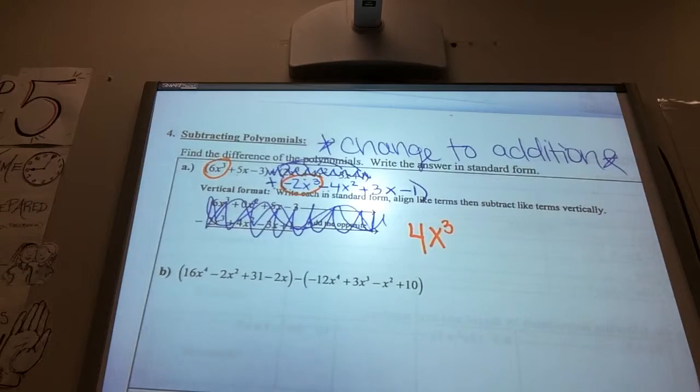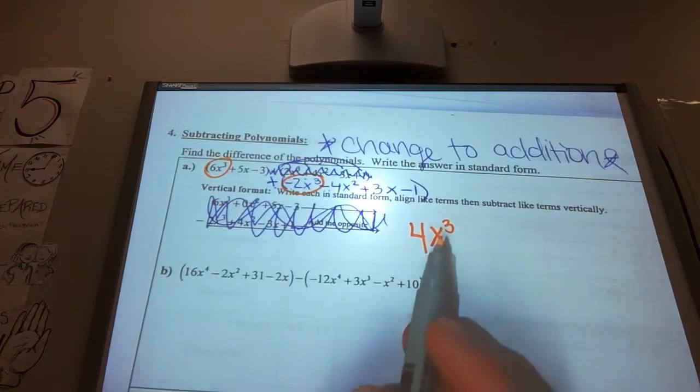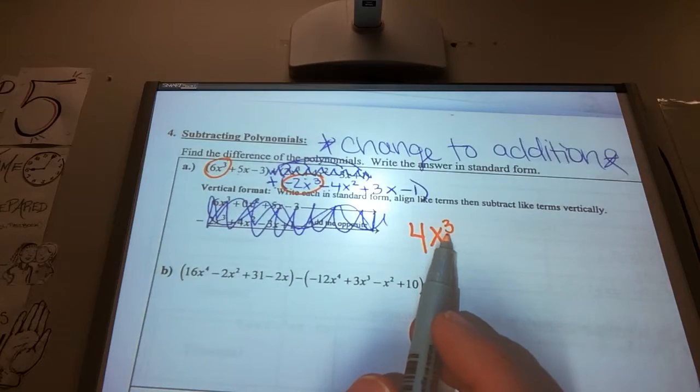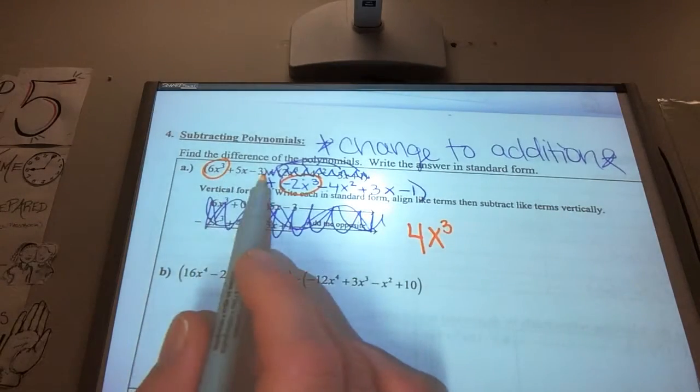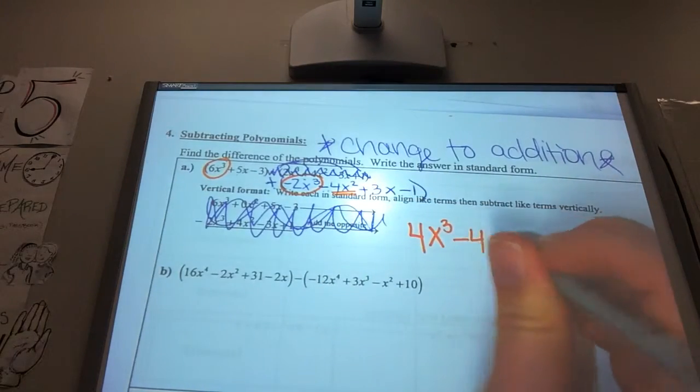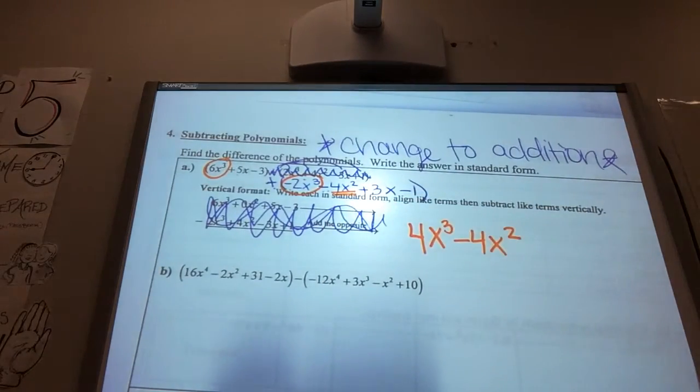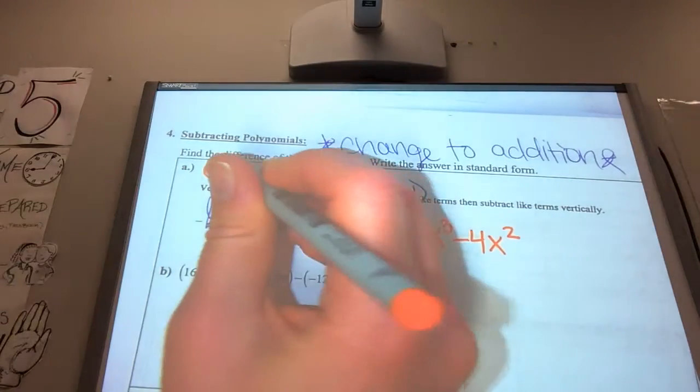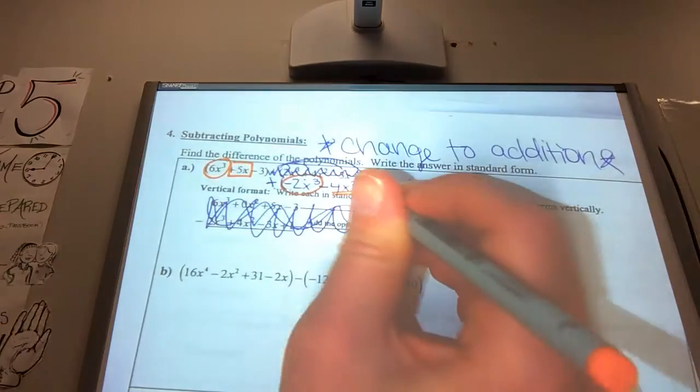Then I go through and I find if I have any of the next smallest exponent, which would be x squared. None here. Oh, look, right here. Negative 4x squared. And then I say, do I have any just x terms? Well, 5x, 3x.